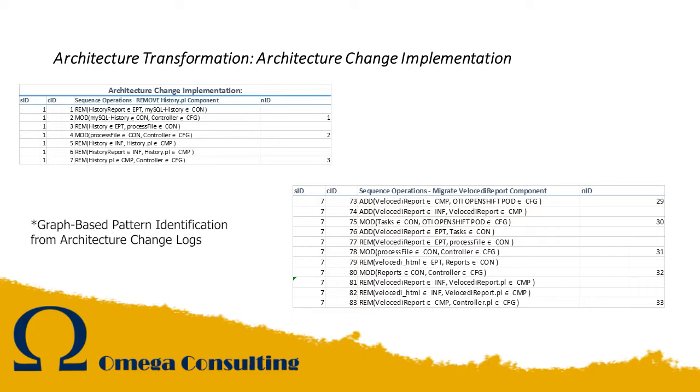Then the second line is sequence one, change instruction two, we modified the MySQL history connector in the controller configuration. Now the NID is a node ID for our attribute graph, and so that would be the first node in our change process. That would then be linked to the second one via an edge, which has an edge ID, and I'll show you that. It's coming up in the next slide.